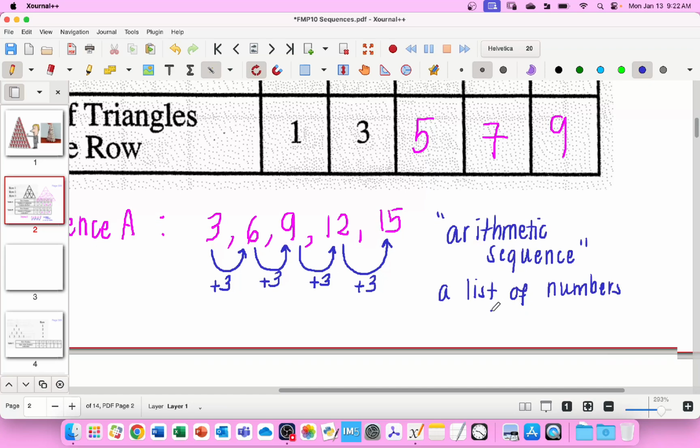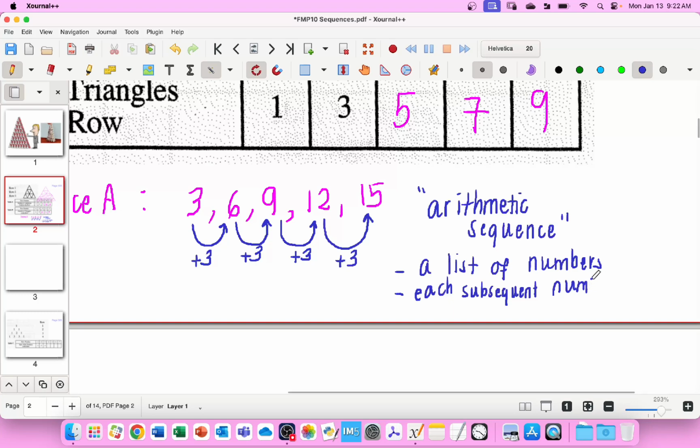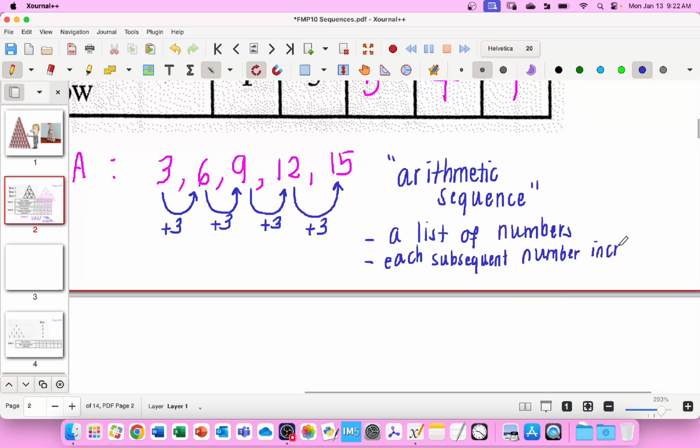A list of numbers. Each subsequent number increases or decreases by the same amount.